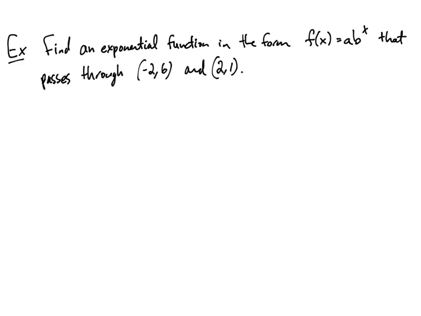This example asks us to find an exponential function in the form f of x equals a times b to the x that passes through negative 2, 6 and 2, 1. So looking at the graph, if I graph these 2 points, that'll tell us whether this is going to be an increasing or a decreasing graph.